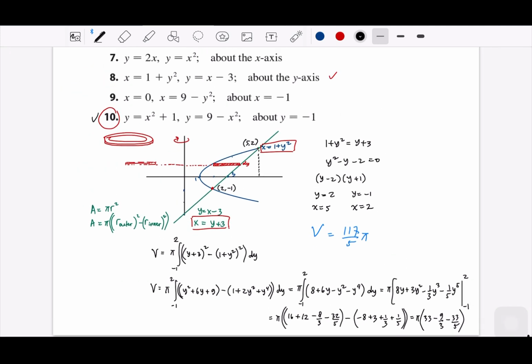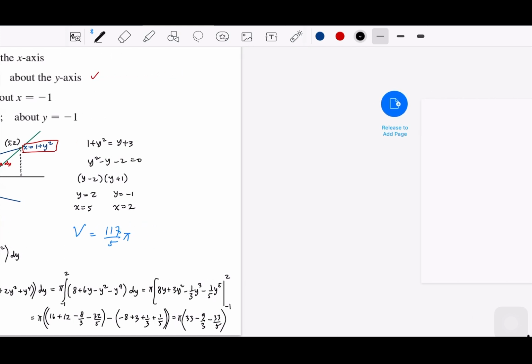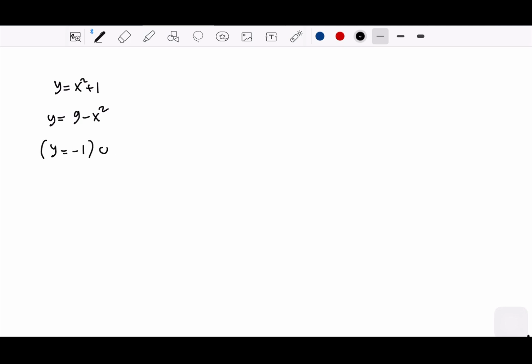Okay, so let me make a new page. So first is the curve y equals x squared plus 1, and then y equals 9 minus x squared, right? And then y equals negative 1. This is the axis of rotation.